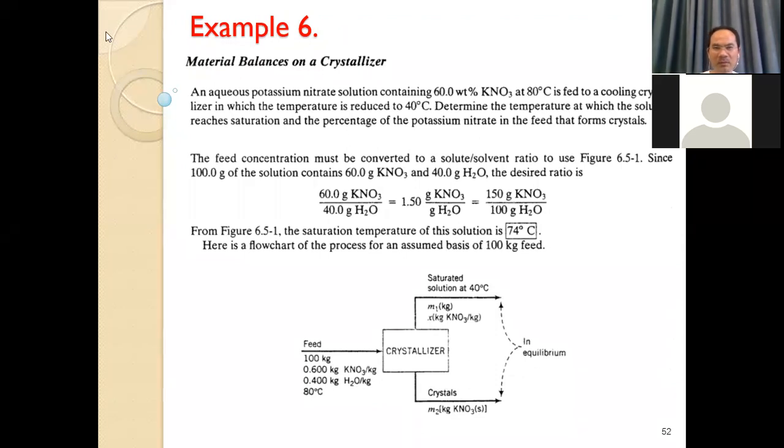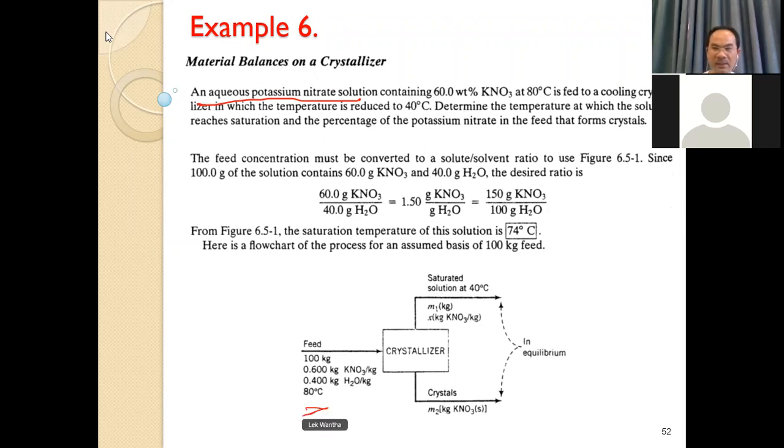For this example, we have an aqueous potassium nitrate solution. We would like to crystallize potassium nitrate from the solution. The phase is a liquid solution containing 60% potassium nitrate, and the balance, 40%, is water.